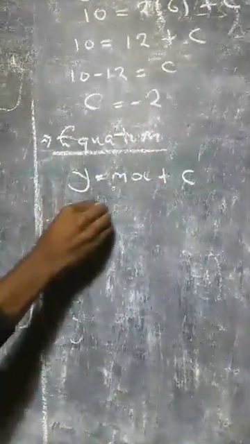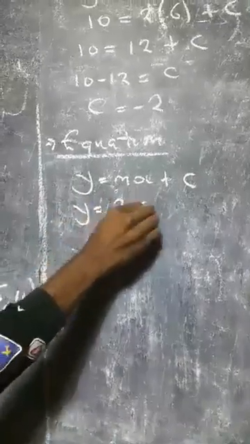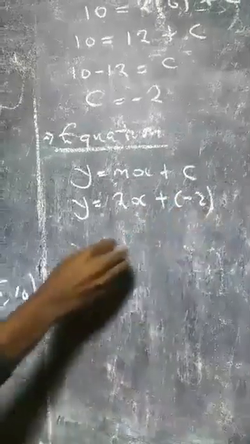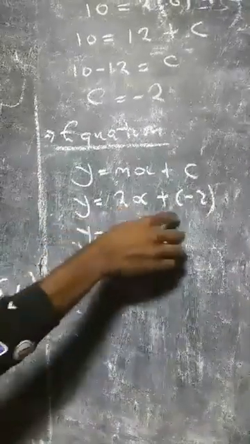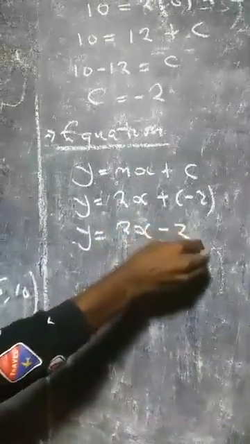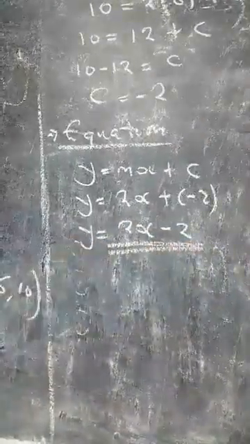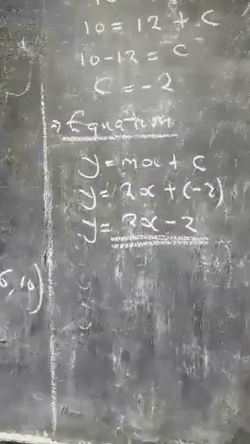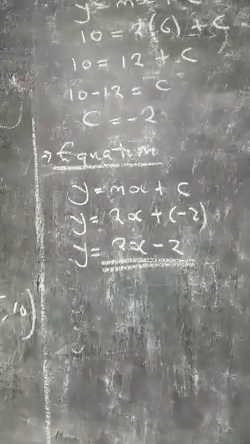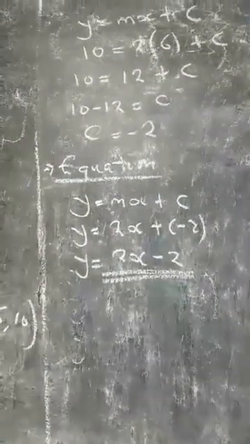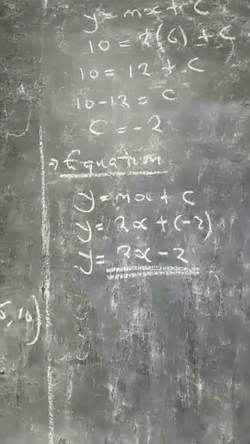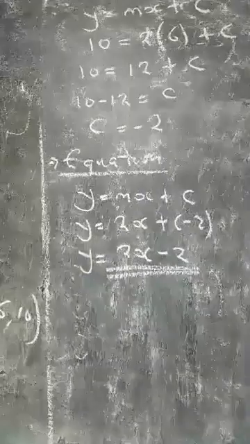So y is equal to 2x plus negative 2, that is, y is equal to 2x minus 2. That is your answer for this one. So we've used the first method of finding the gradient, then finding the y-intercept, then finding the equation.